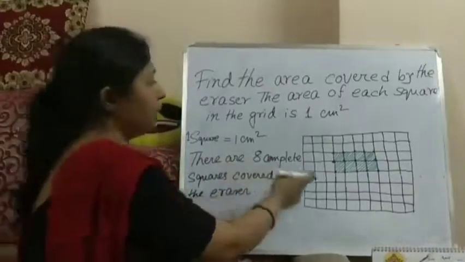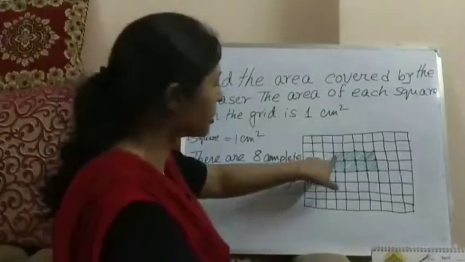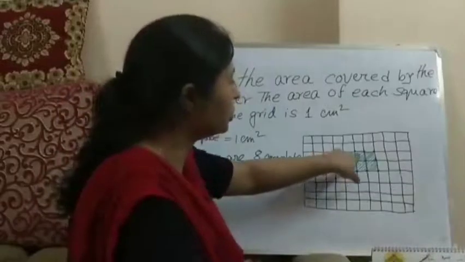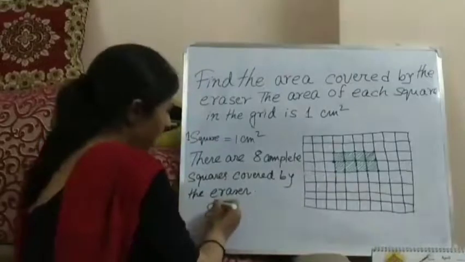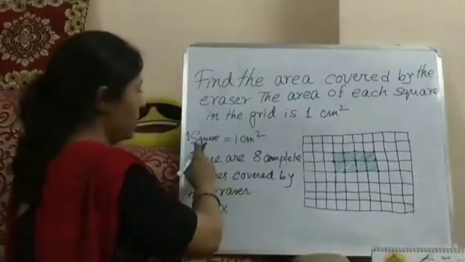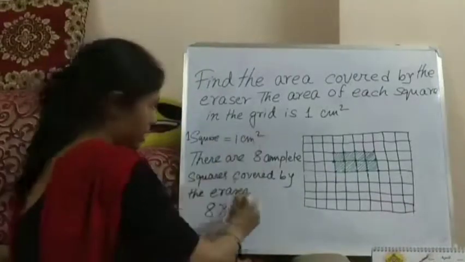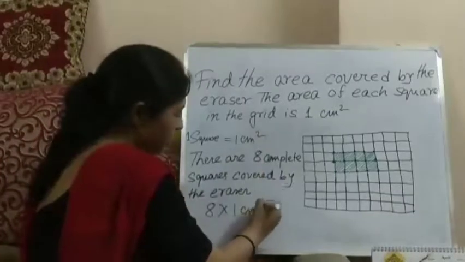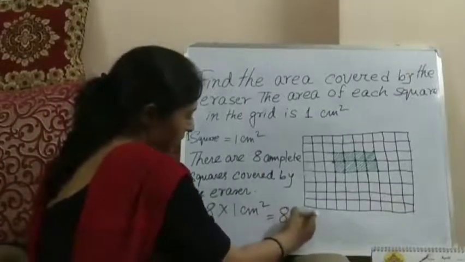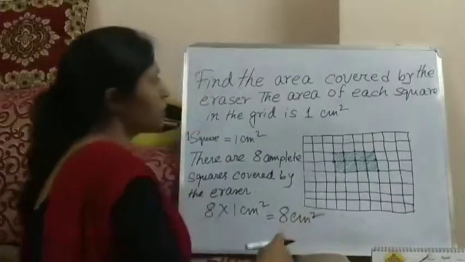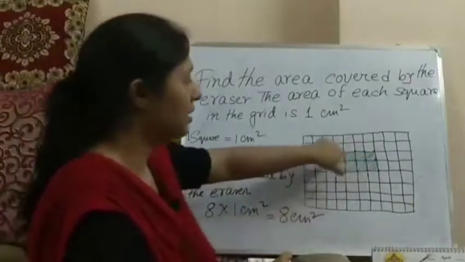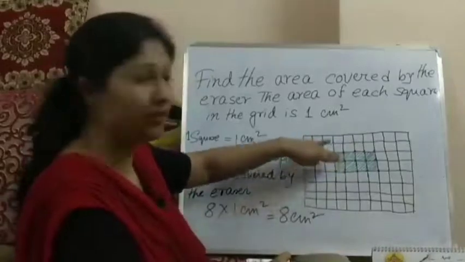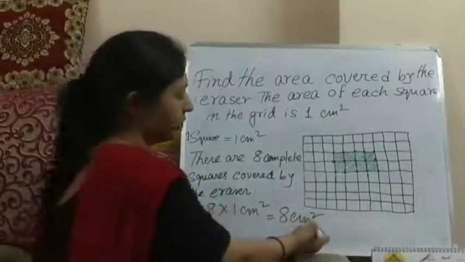We count 1, 2, 3, 4, 5, 6, 7, 8. So 8 into 1 centimeter square, that is 8 centimeter square. This is the way we can get the eraser area, how much it covers. So that is 8 centimeter square.